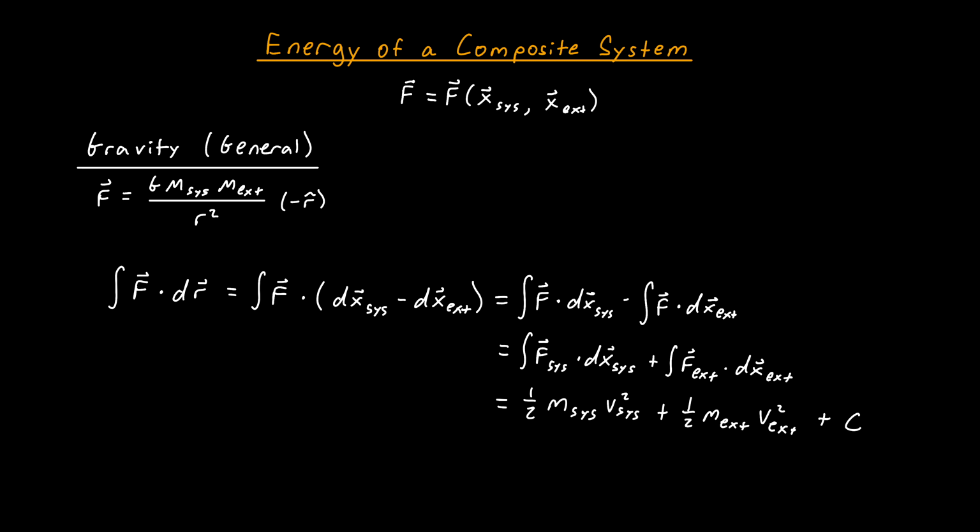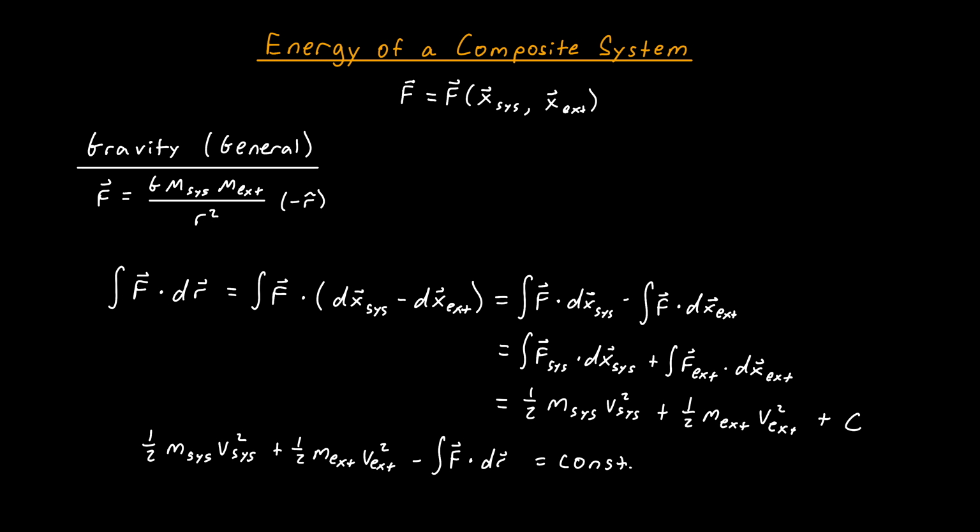And so really what this integral is telling us is that we can come up with a new equation for conservation of energy that says 1/2 of the mass of the system times the velocity of the system squared plus 1/2 times the mass of the external object times the velocity of the external object squared minus the integral of f dotted into dr, where r is their relative position, is also always going to equal a constant.